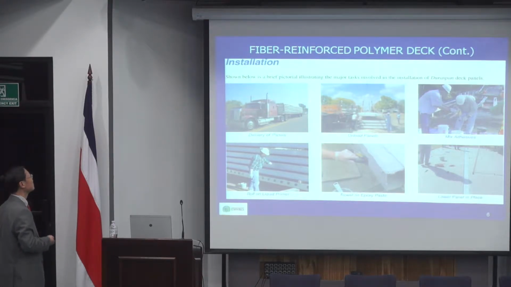Basically, construction is very rapid. You just deliver these panels to site and load them, and you apply this epoxy material to the joint, on both the female and male sides, and then you glue them together.